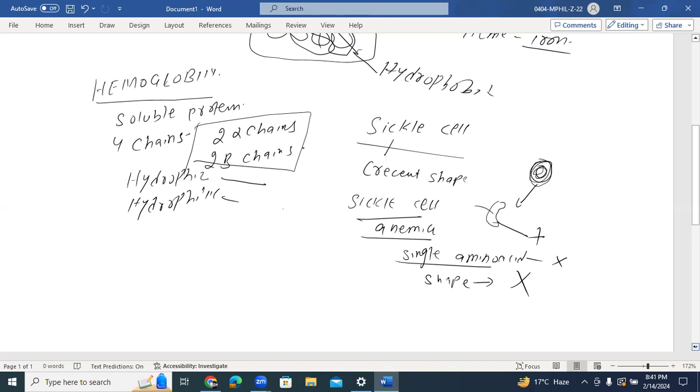Its name is glutamic acid. Glutamic acid is going to be replaced by another amino acid that is called valine.